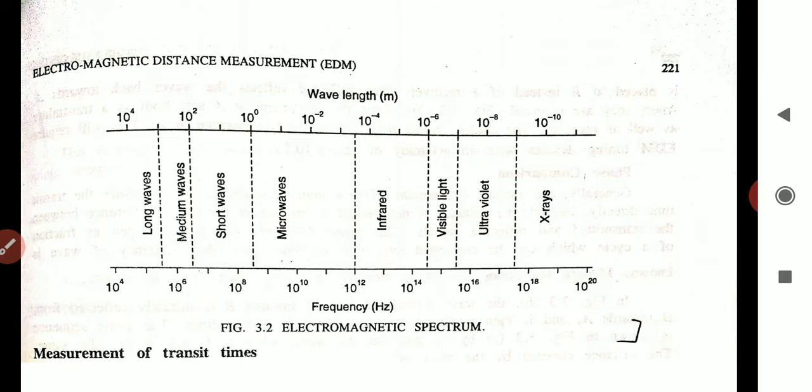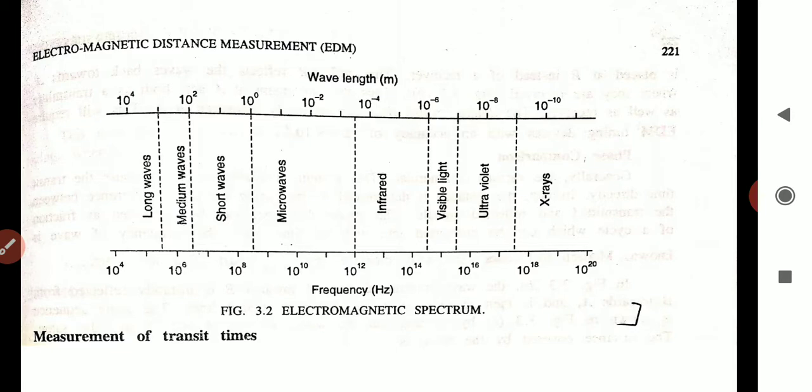See here, above 10 raised to 4 there are long waves, and around 10 raised to 2 there are medium waves. The upper part shows wavelength in meters, and the lower part shows frequency in hertz. According to wavelength and frequency, the electromagnetic spectrum is shown in the figure.